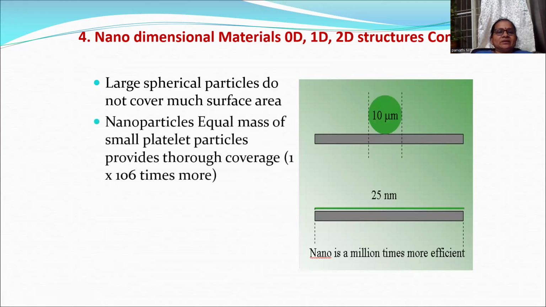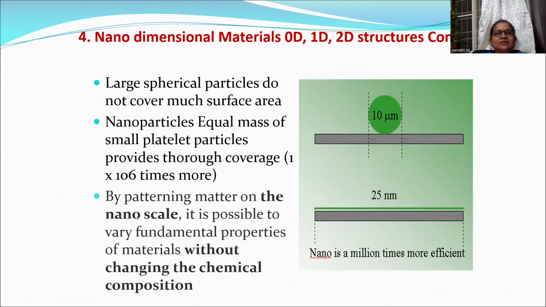Large spherical particles do not cover much surface area, whereas an equal mass of small platelet particles provides coverage 10 to the power of 6 times more.